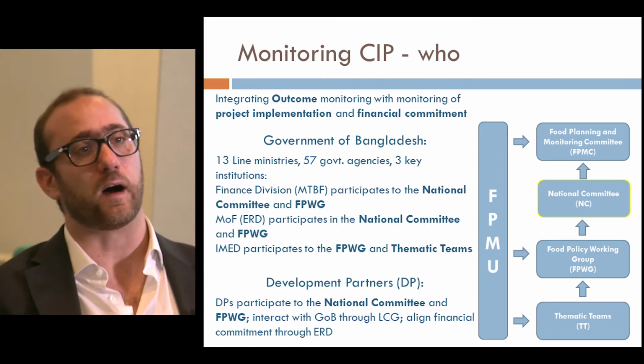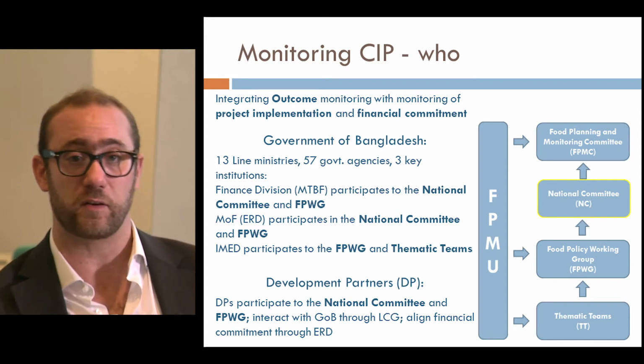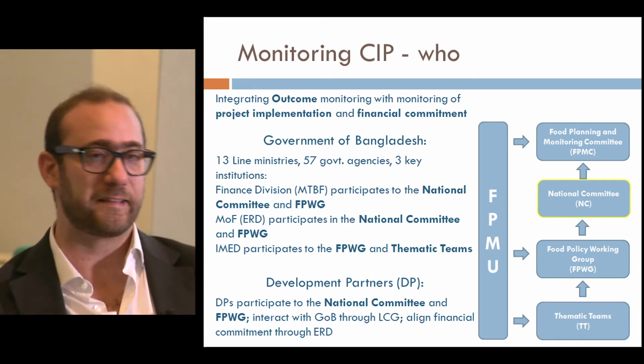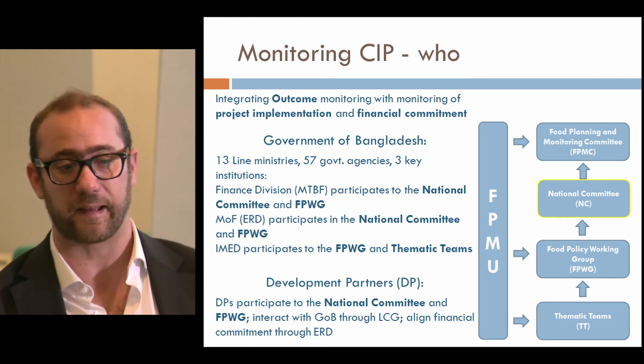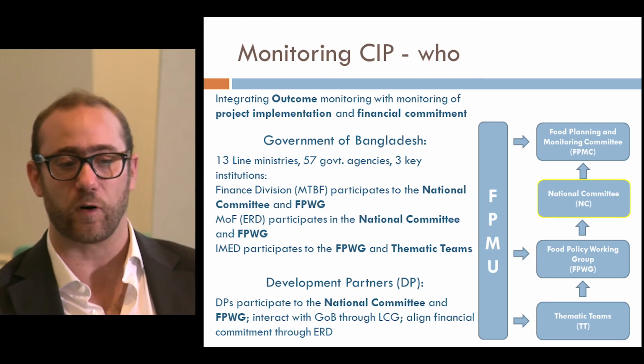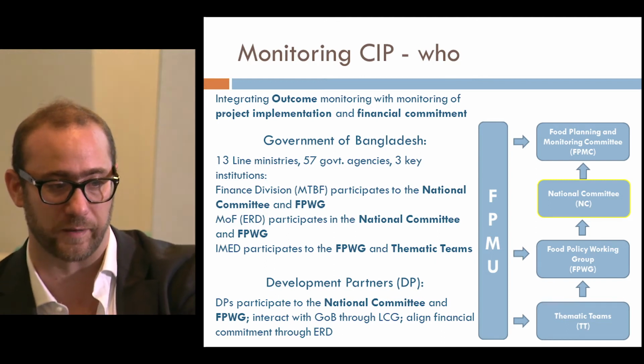In case of other sectors, the advice in general is to identify a technical unit that can help coordinating the process and can help following the flow of information that is described on the right.